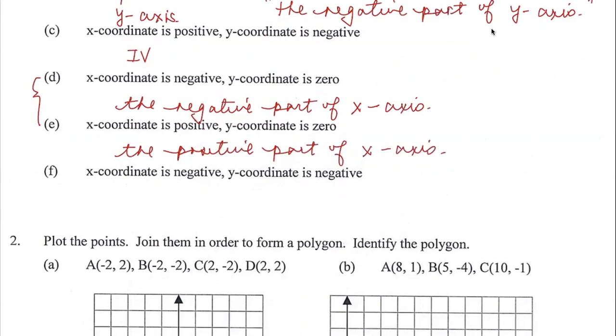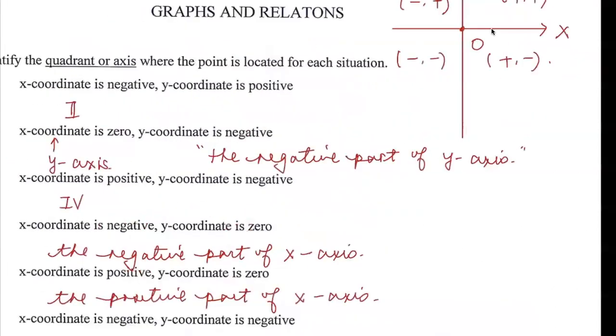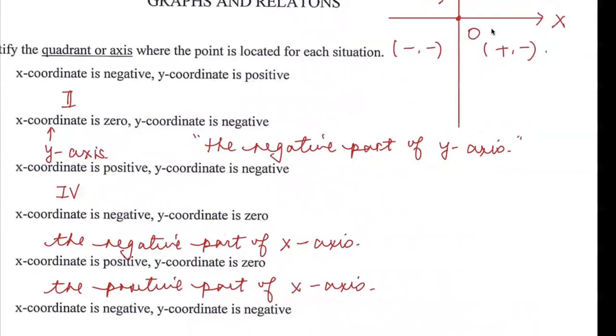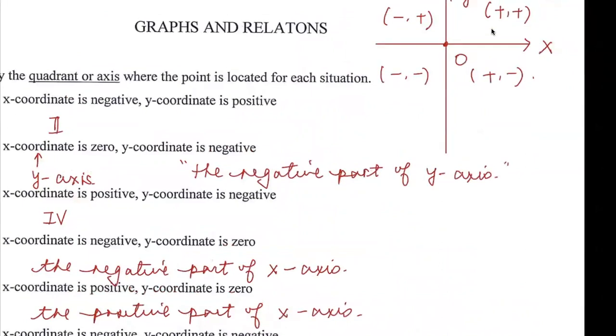Why? Let's look at this graph again. So we're looking at this part of the x-axis, only this part. All the points on this part of the x-axis don't have any y value, which means the y coordinate is 0.